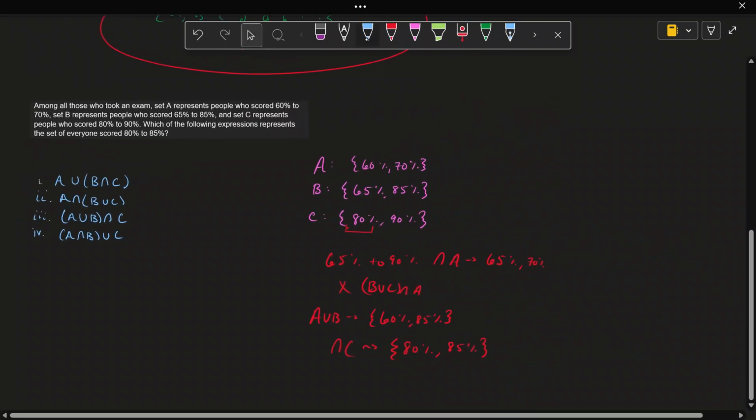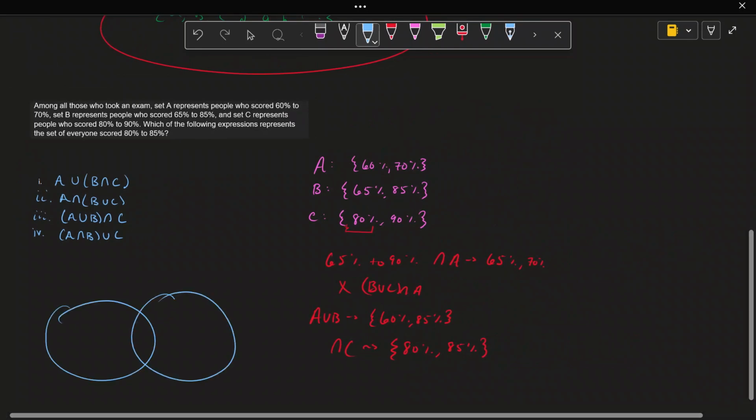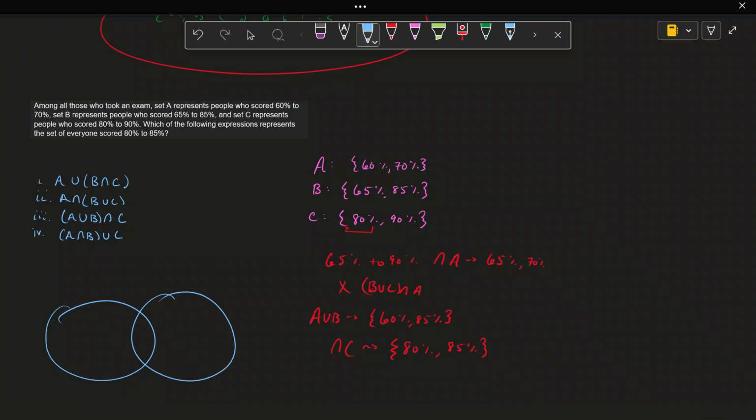If it makes more sense to make a Venn diagram, please do so. A or B is over here, which is 60 to 80 through 85. And then C, this is going to be 60 to 79, right? Percent.